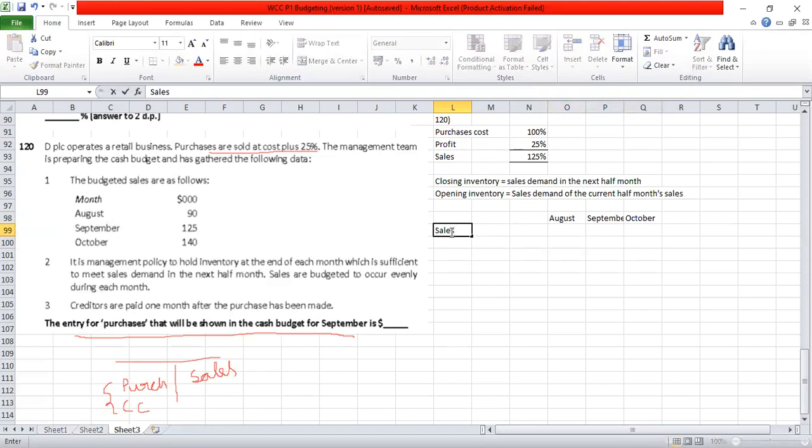Let's write what details we have. Sales for August is 90,000, then this is 125,000 and this is 140,000. These are all at 125%. So we need to find out the cost of purchases.